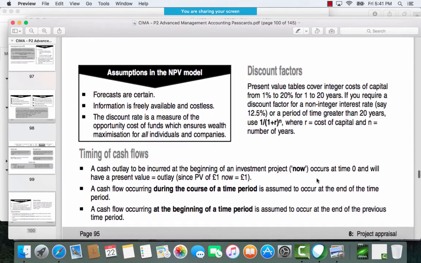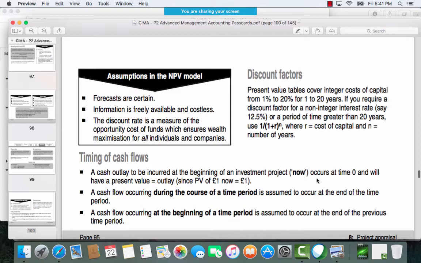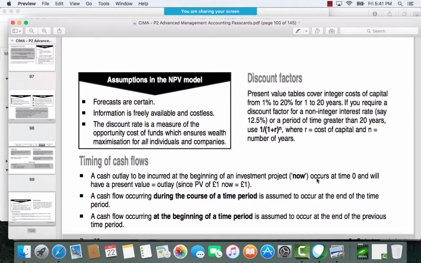And we have assumptions in the net present value when we calculate it, but still NPV is preferred to any other, because it gives you that time value of money, which is a very, very important factor, right?